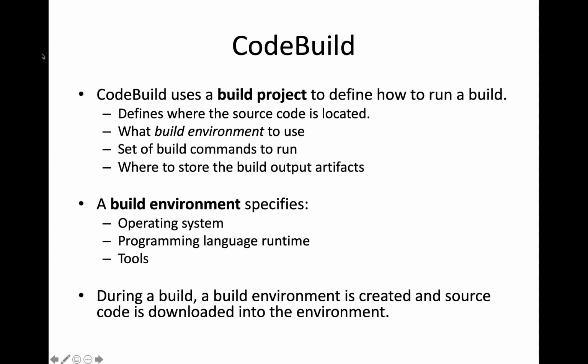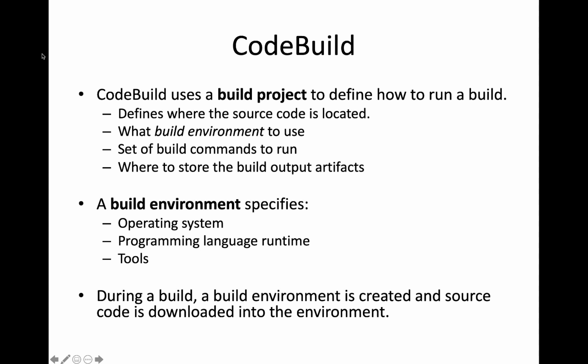There's a programming language runtime, so think of this as having the Java software development kit installed on the system, or a Python interpreter, or maybe Ruby installed on the build environment. These are the things required to actually build your application.